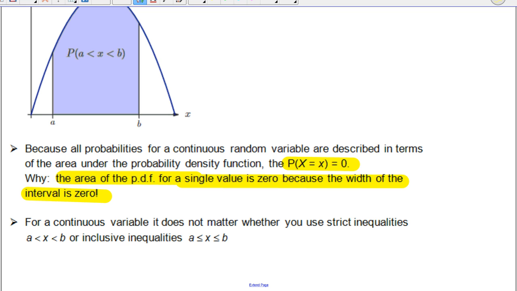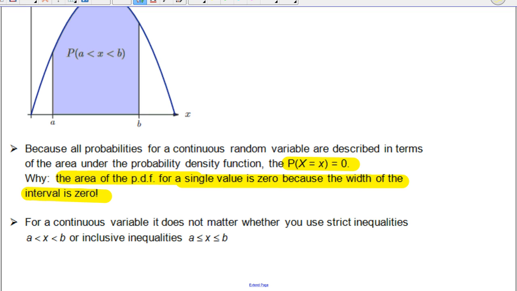Remember, we're looking at intervals. I showed you the formula to calculate the probability: the area of a rectangle is the class width multiplied by frequency density. If we're considering a specific line like 2 on the x-axis, it won't have any class width. The class width will be 0, so the probability will be equal to 0.